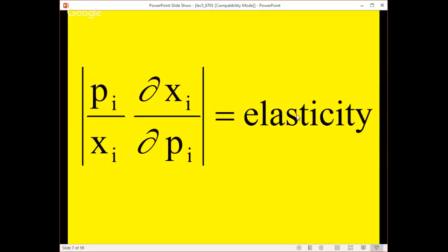So Pi comes up to the numerator, Xi goes down to the denominator, and here I have the change in Xi over the change in Pi. That make sense? The algebra good? Okay. And that's basically what we have here. But instead of having the big changes, I change it to partials. Either way, that part of the elasticity formula is just a slope.